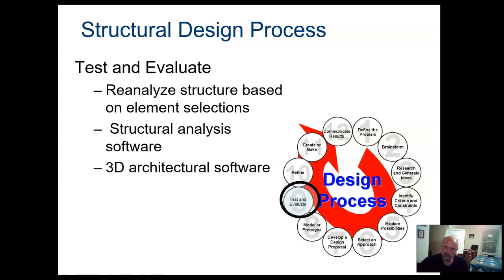Simply choosing a structural element slightly different from that originally assumed may change the loading conditions and affect the structural performance of an element. Therefore, you should always reanalyze each design to ensure its strength and stability if new conditions are present.